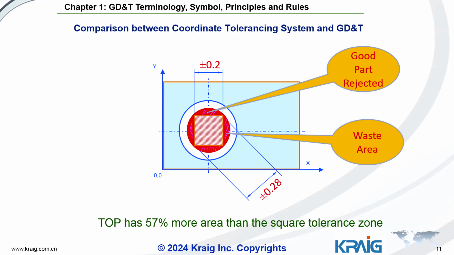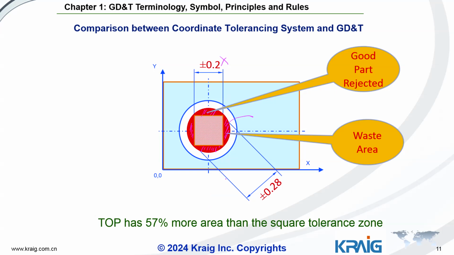The function is okay, but it's outside of tolerance. So that means there's waste. There's waste there. This portion, the function is okay, but because it's out of the square tolerance zone, you're going to get rid of it. So it's kind of waste.